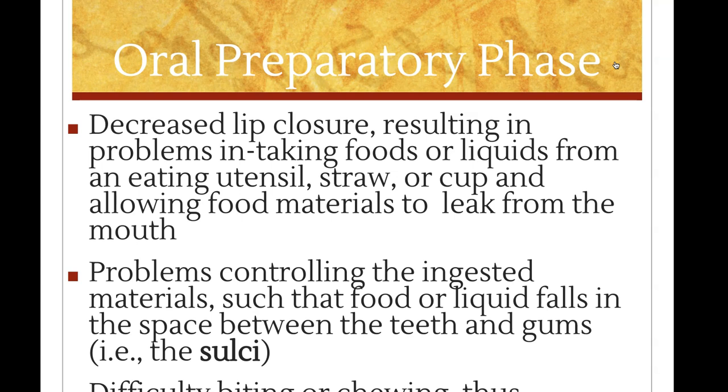They might not have the sensitivity to even know it's in there, and then food just kind of sticks in there. And the bad thing is if food stays in your mouth, it could start going to the back of your mouth, and you could start aspirating it rather than swallowing it.